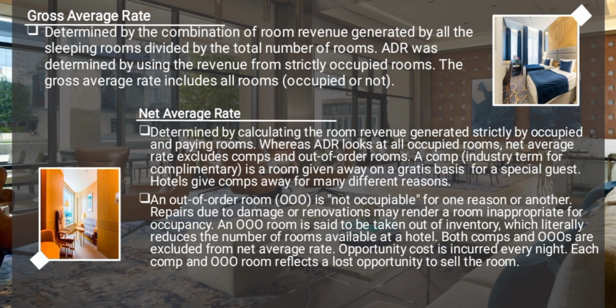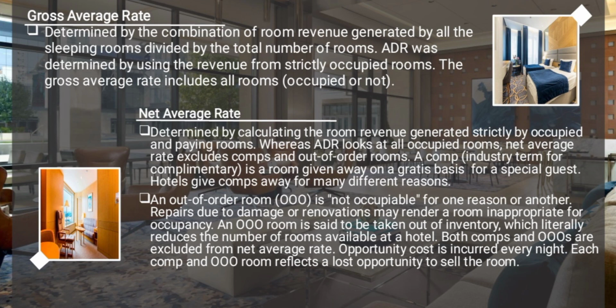And there are two room rate structures, which are the gross average rate and the net average rate. When we say gross average rate, it defines how much room revenue is generated in that hotel from the sleeping rooms, divided by the total number of rooms in that hotel.